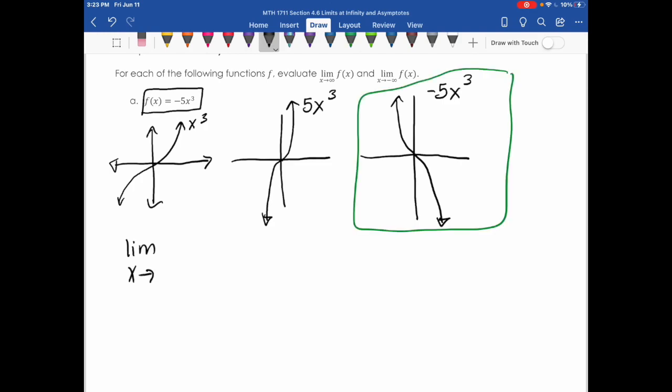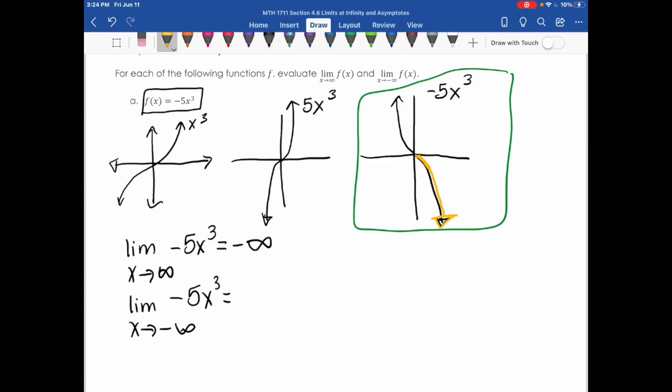So now looking at that graph, this is our final graph. I can identify the limit as x goes to positive infinity of negative 5x to the third, and I can identify the limit as x goes to negative infinity of negative 5x to the third. As x goes all the way to the right, if I trace this graph using yellow going all the way to the right, my value of y is going down, and it's going down without bounds.